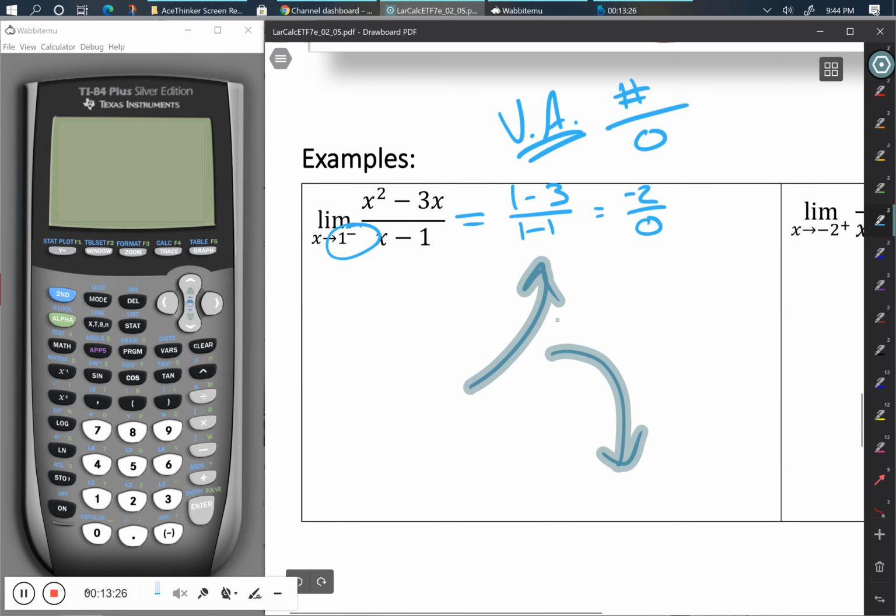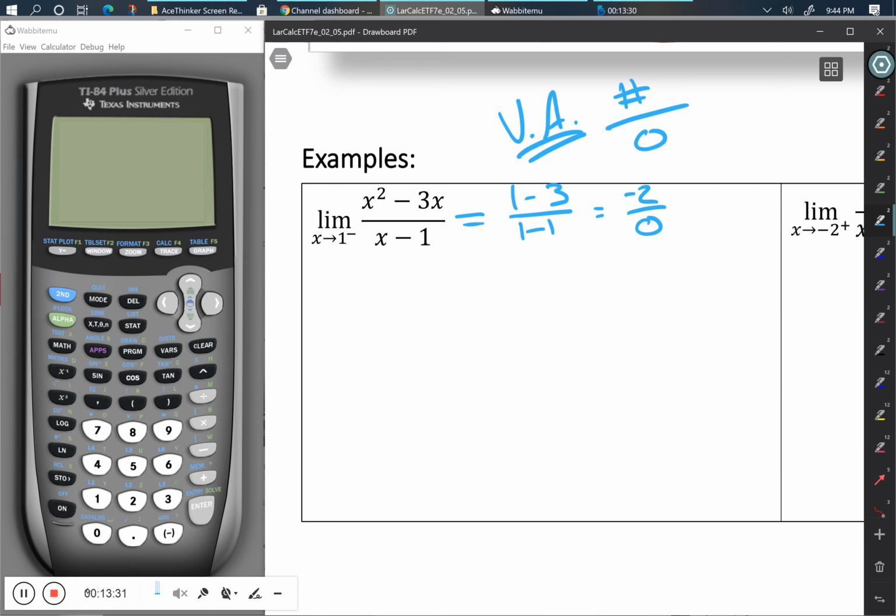Now, I'm going to talk you through solving this analytically. And so we'll figure it out. Okay, so analytically, we would look at this and we would say that the numerator is a negative number.